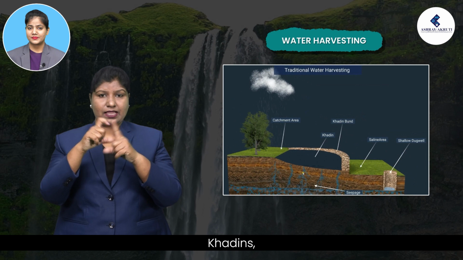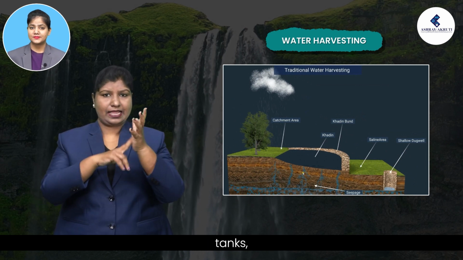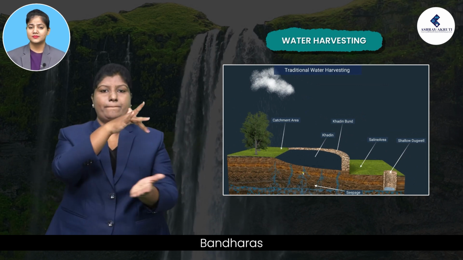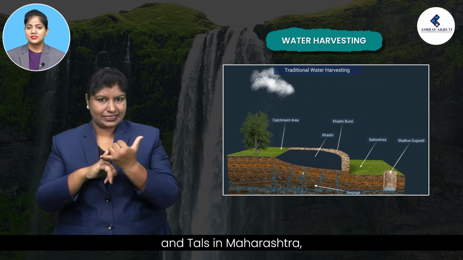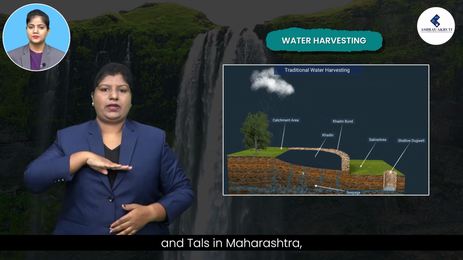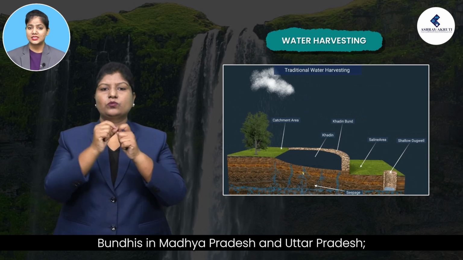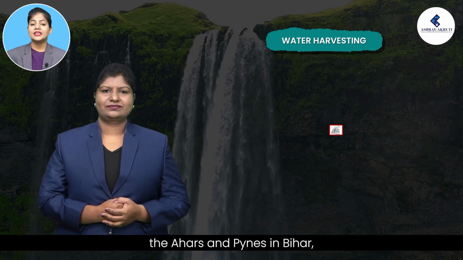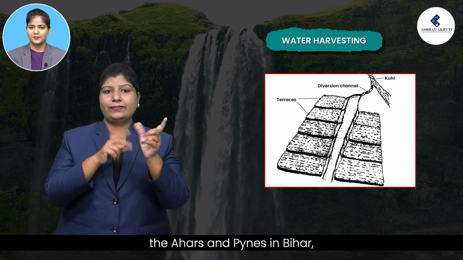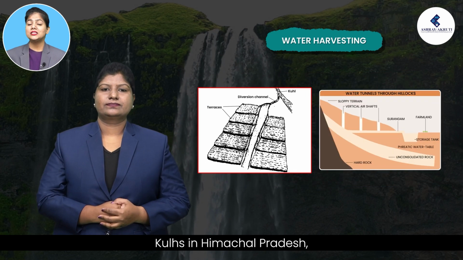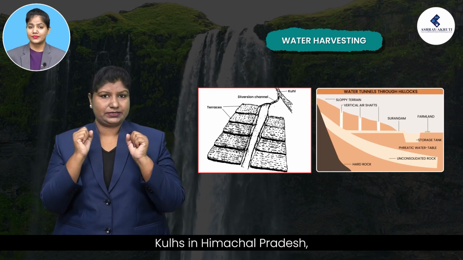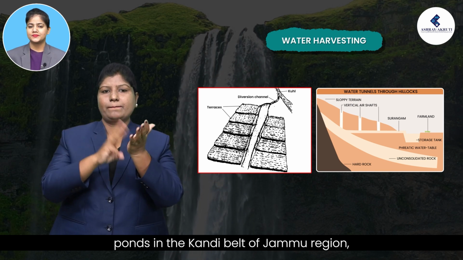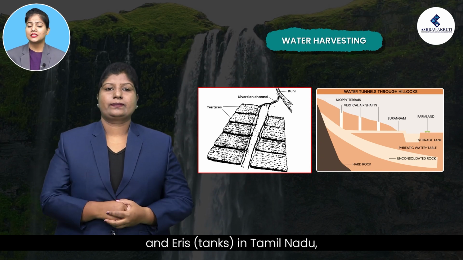Khadins, tanks and nadis in Rajasthan, bandras and tals in Maharashtra, bundis in Madhya Pradesh and Uttar Pradesh, the ahars and pines in Bihar, kuls in Himachal Pradesh, ponds in the Kandi belt of Jammu region, and Aris tanks in Tamil Nadu.